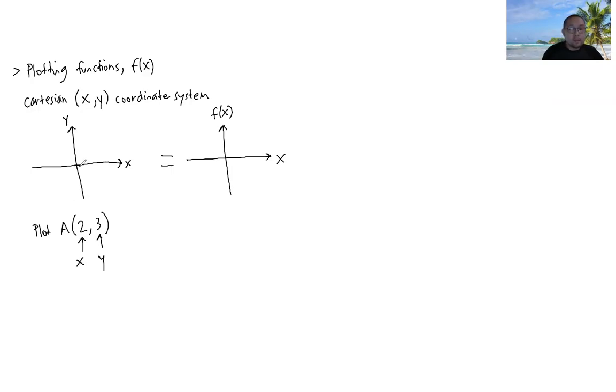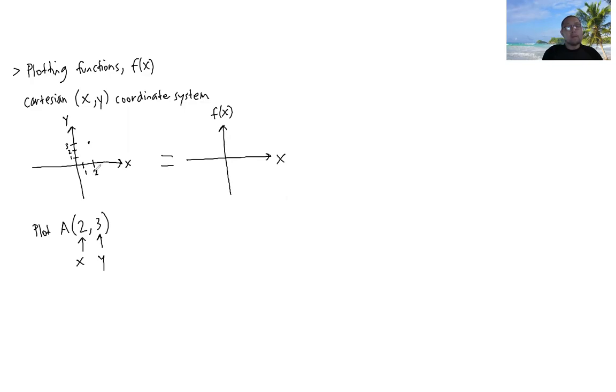So in this case, x is equal to 2. You're going to move to the right twice, and then you're going to move up 3 times. 1, 2, 3. And your point's going to be here.